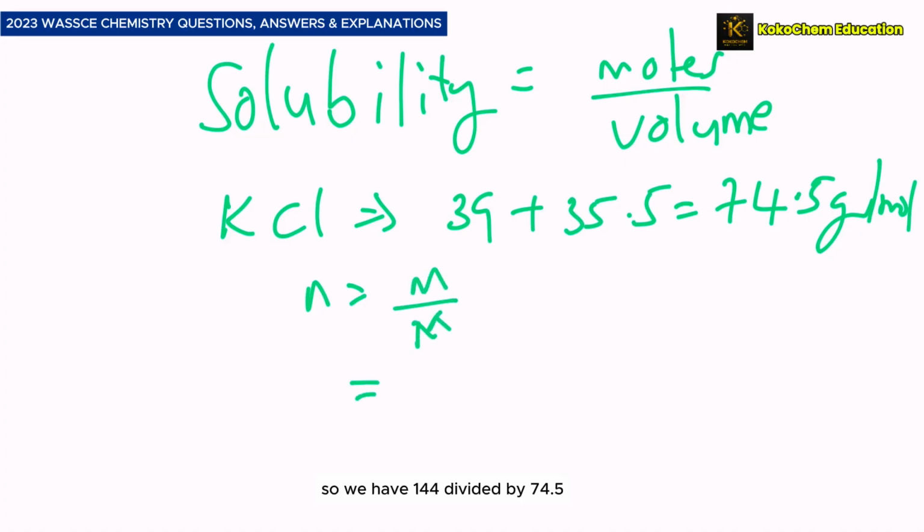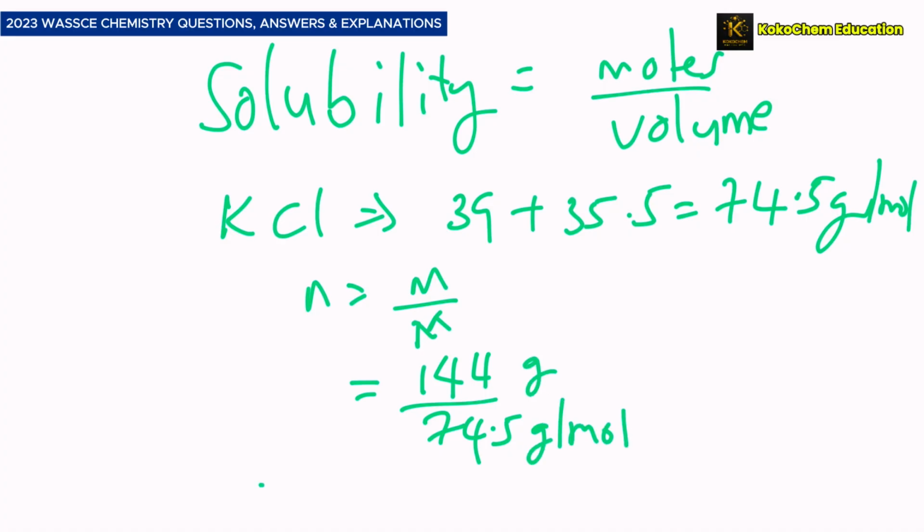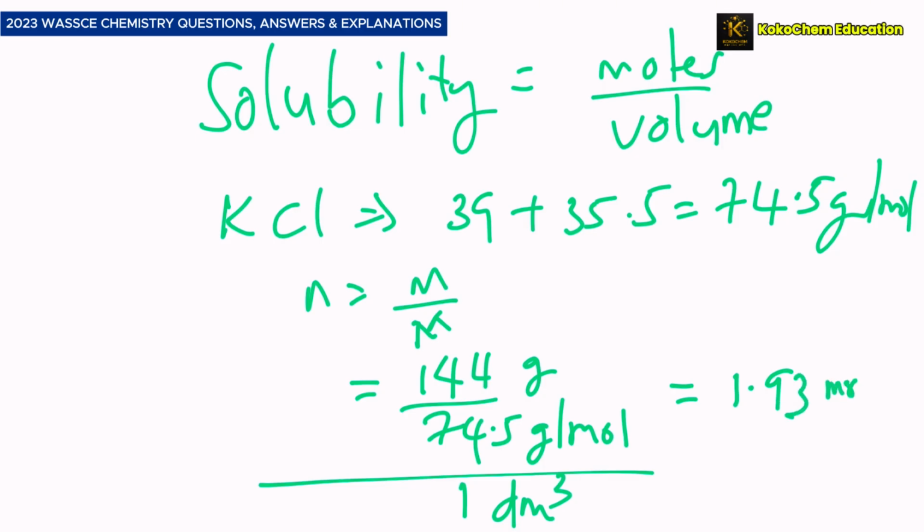So we have 144 divided by 74.5, and since it dissolves in 1 dm cubed, you can divide the whole thing by 1 dm cubed. So the solubility will be, if you do the calculation, 1.93 mole per dm cubed.